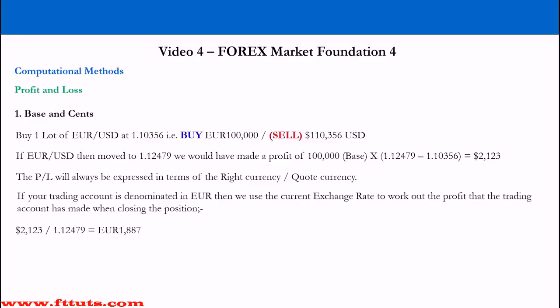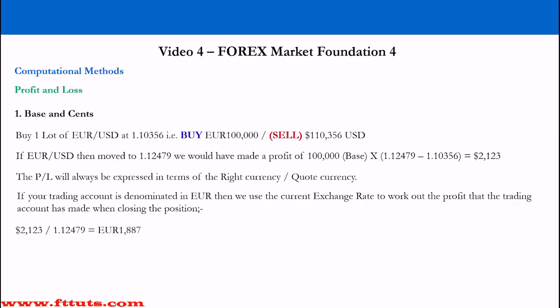Now, if the euro dollar exchange rate moves to 1.12479, we would have made a profit of 100,000, the base currency, times the difference between the price that we sell at and the price that we buy at. If you work that out, that comes out as $2,123.